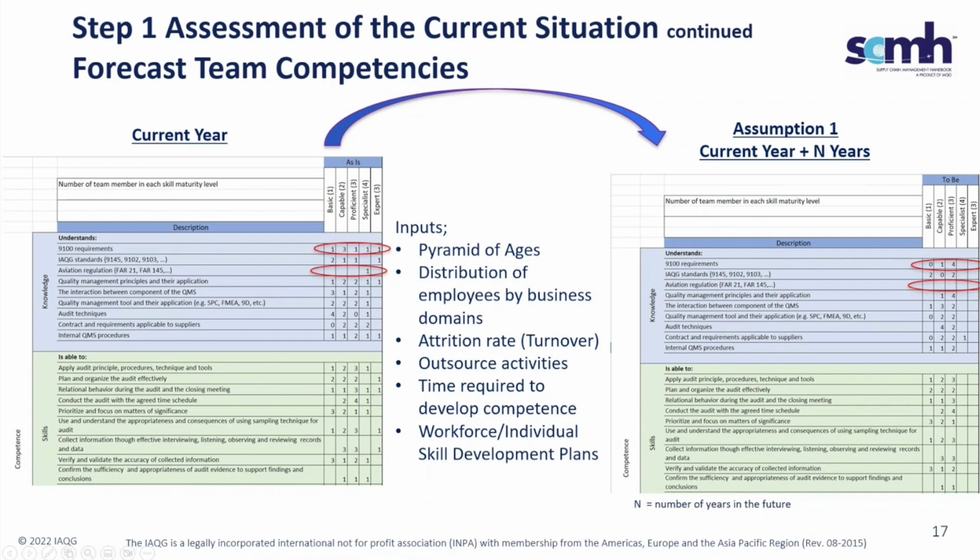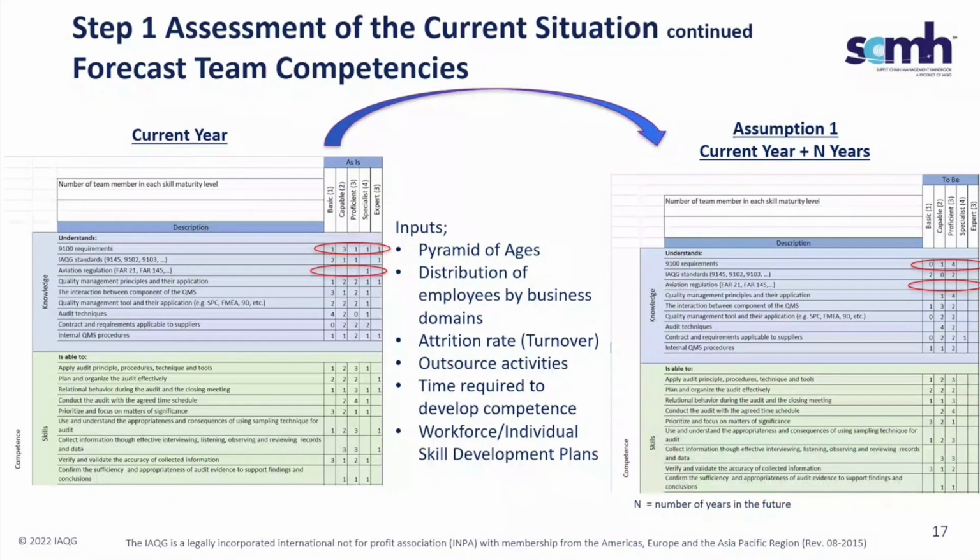He will not only lose the aviation regulations knowledge, but also the expert and specialist levels, with persons B, C, and D leaving. He has no one at expert level nor at specialist level. So he may lose expertise if he doesn't implement an action plan.